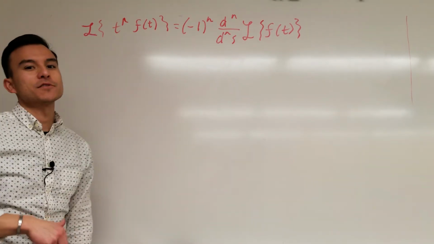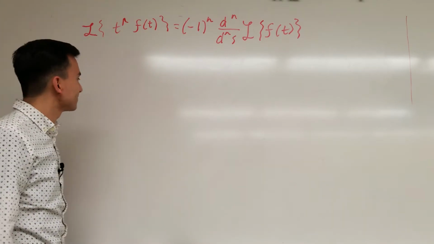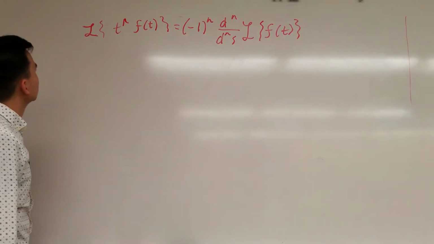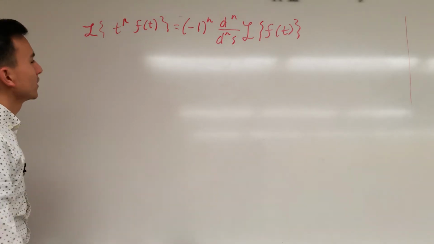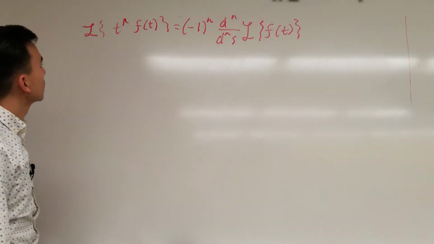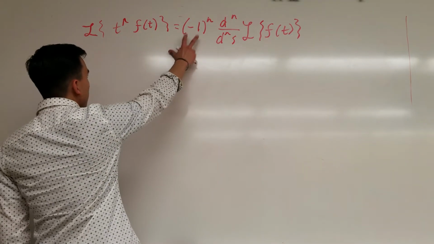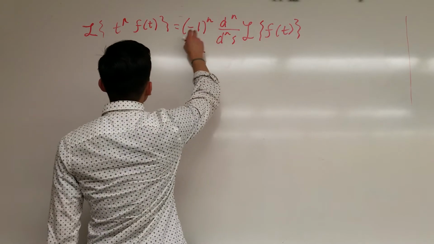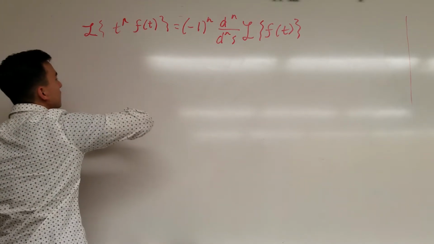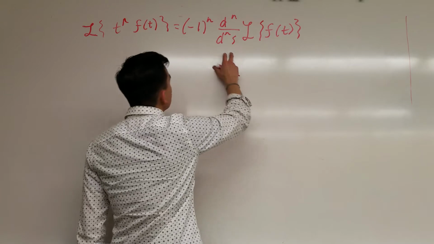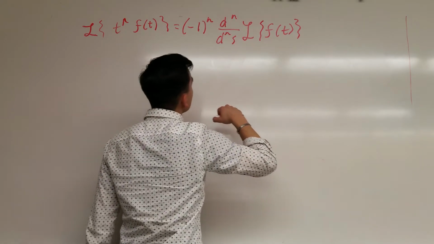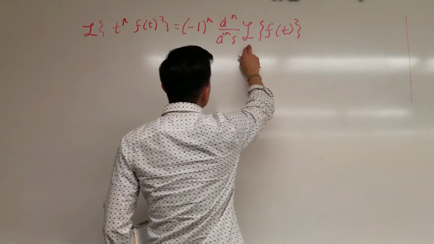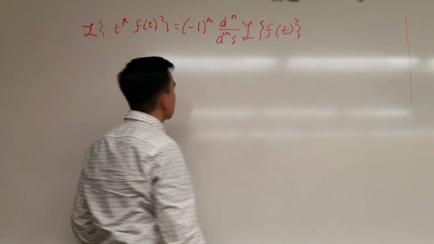When I say just yet, there's something coming in the future. So we can't do that with Laplace by itself. So what we're going to do is multiply by negative 1 to the n power, whatever that n is in our function, times the derivative to the power of n, whatever it is, and then we're going to Laplace that function of t that's left over, okay?